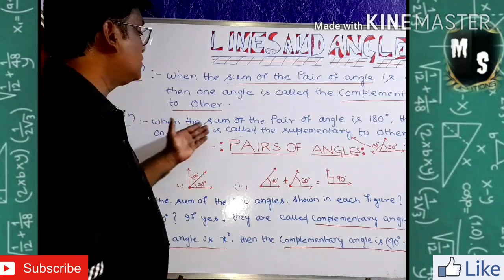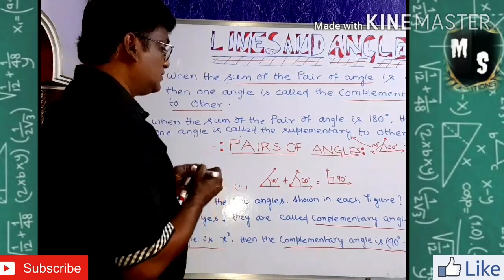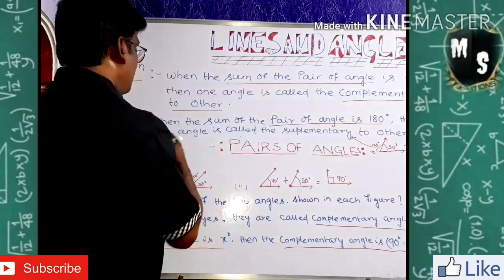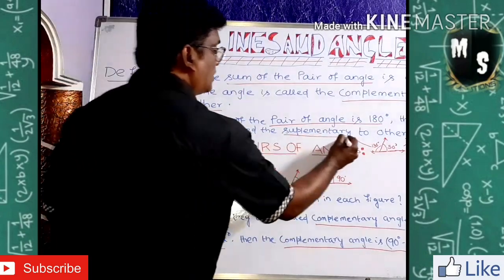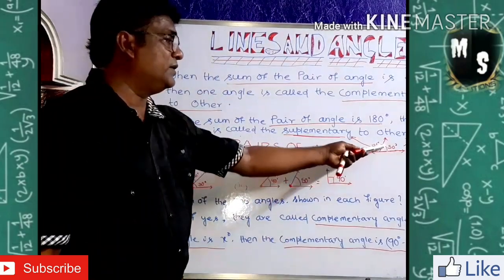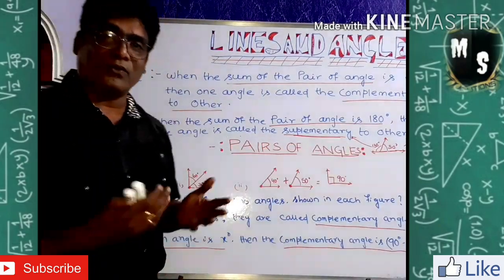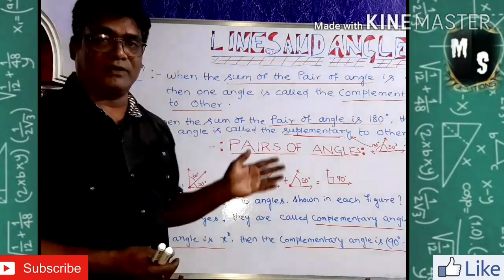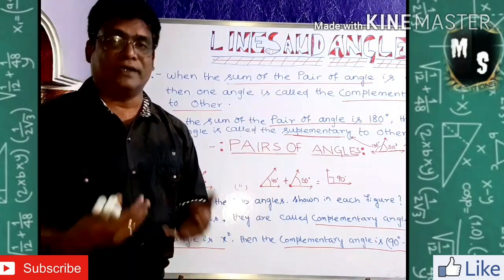Clear? The figure is given here. Like that, take angles of your own and try to determine the complementary and supplementary parts. Next we are going for the next part.